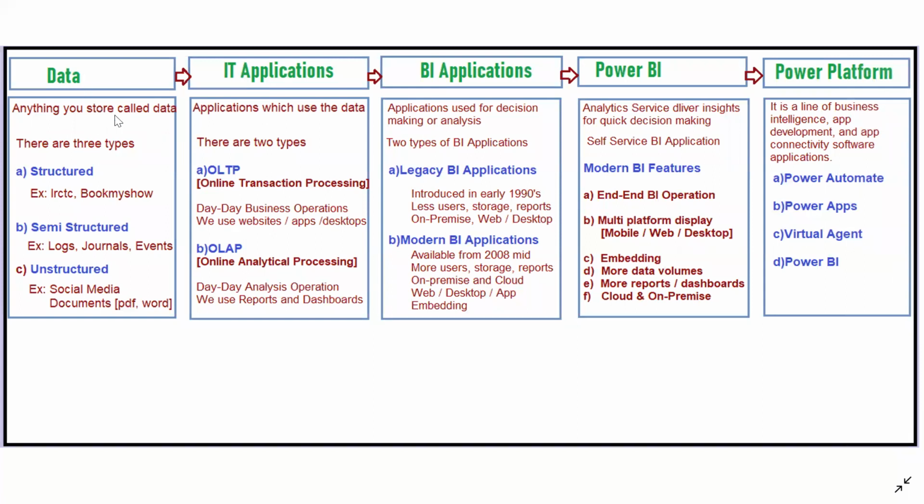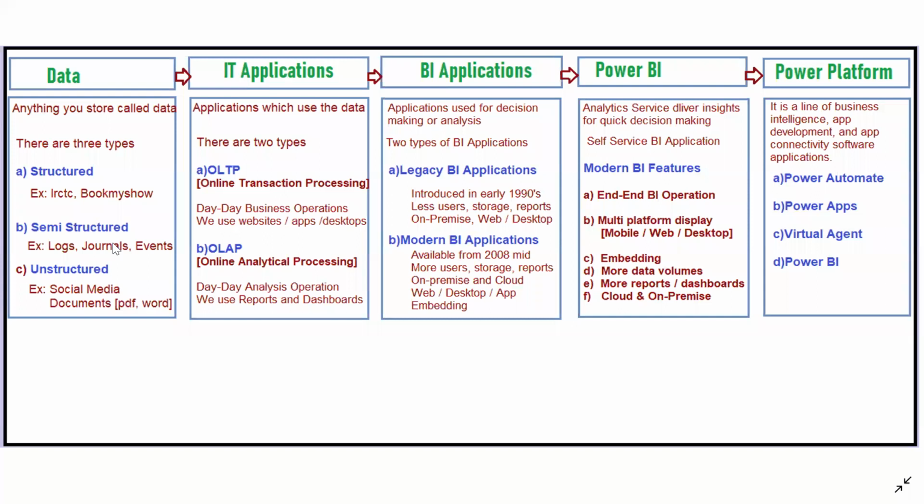Anything you are able to store is called data. In the current market, we have 3 types of data. First, structured data. As explained yesterday, column by column, table format data stored, fully structured. Second, semi-structured.